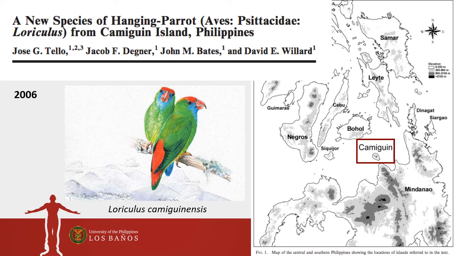And explain the rationale and the method of taxonomic revision in this case. Well, technically, this is not a new species anymore because 15 years have already passed since it was described.